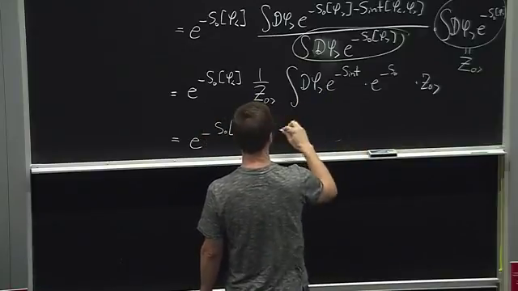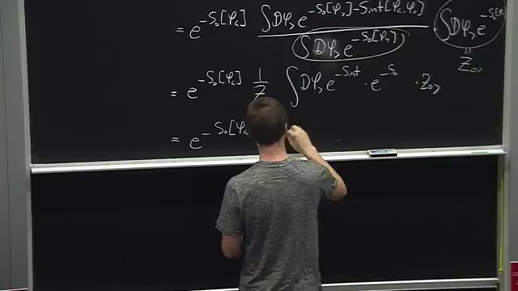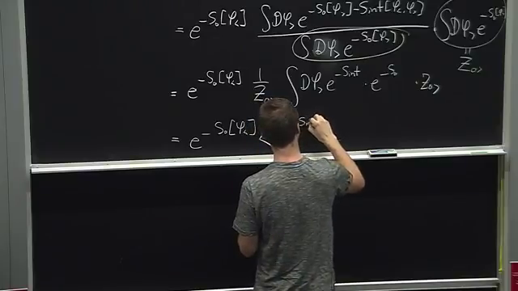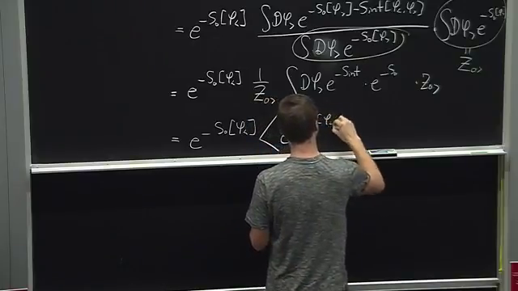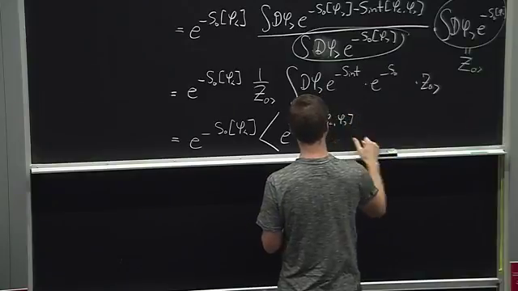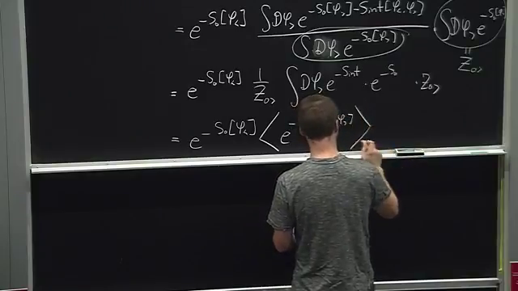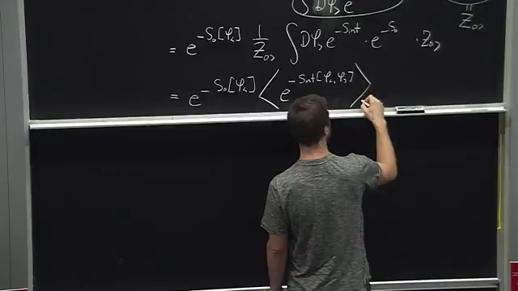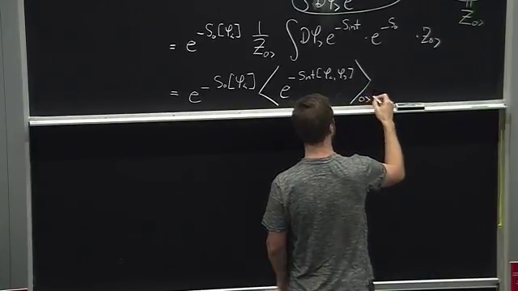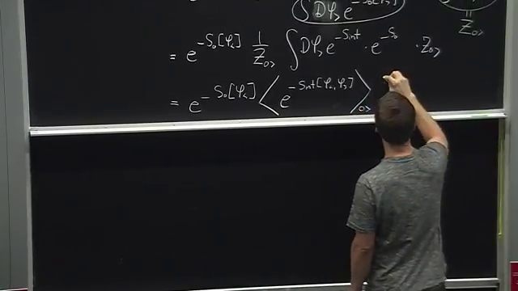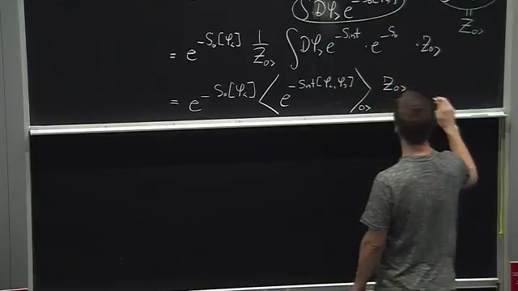So this piece, I'll write as the expectation value. It's Gaussian and fast, and Z, Gaussian and fast.